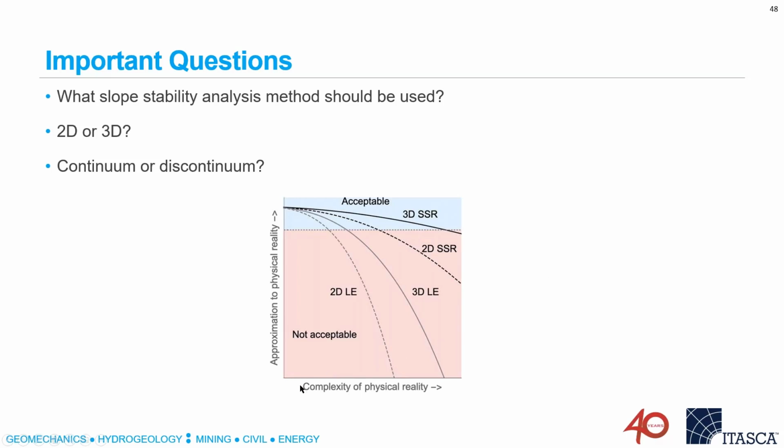On the horizontal axis, we have the complexity of the physical reality, and of course, there's no scale on this, but as things become more complex, they move to the right. And then on the vertical axis, we have the approximation to that physical reality, and it increases going upward. And then you can see the various methods on here: 2D limit equilibrium, 3D limit equilibrium, 2D shear strength reduction, and 3D shear strength reduction.